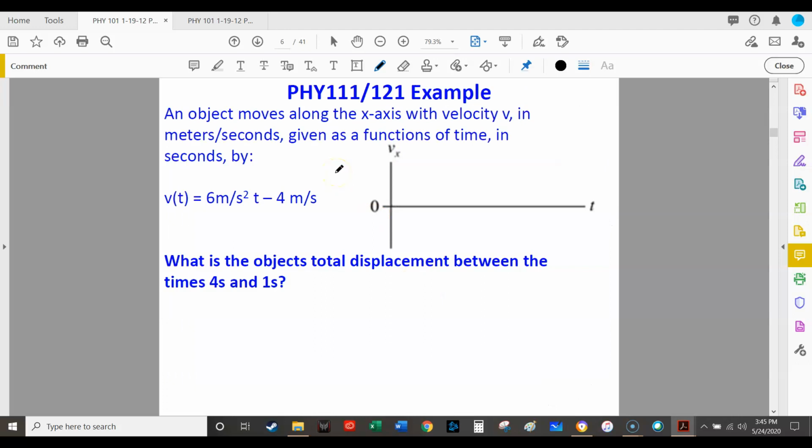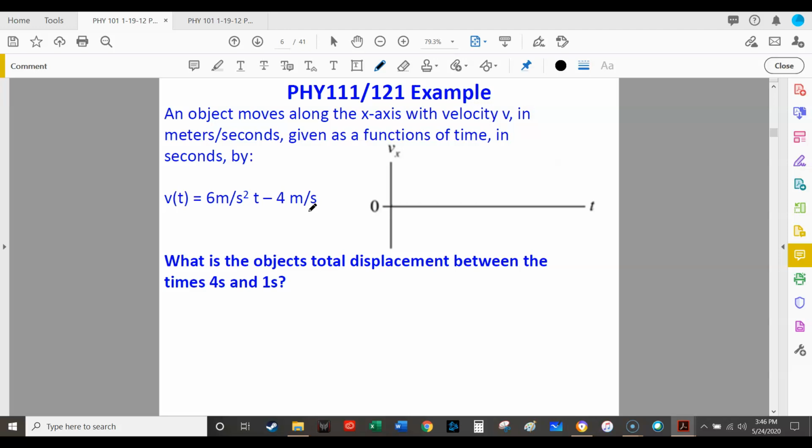Well, what I want you to do in this next example is I want you to do both, okay? I want you to plot this equation right here on this velocity versus time graph. And then I want you to get the displacement using the area method, but then I also want you to integrate it if you're in Physics 121, and then just double check your work and integrate this with respect to time to actually get the answer using the integral of that.